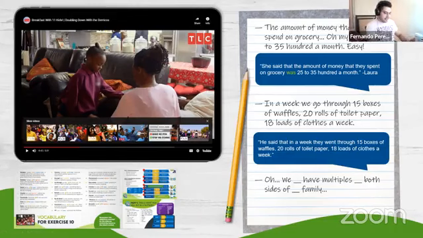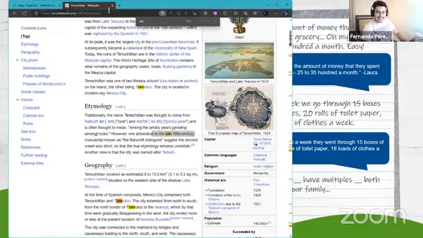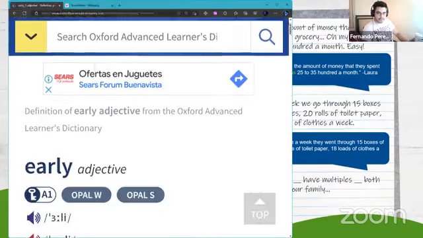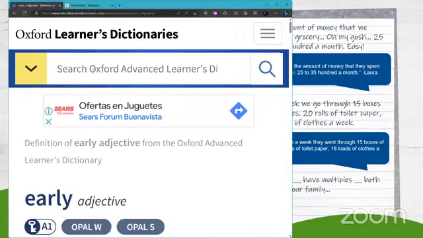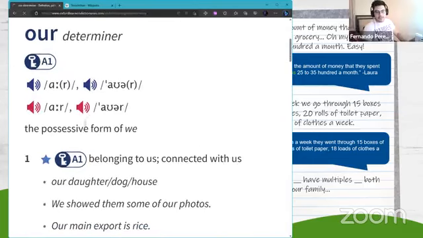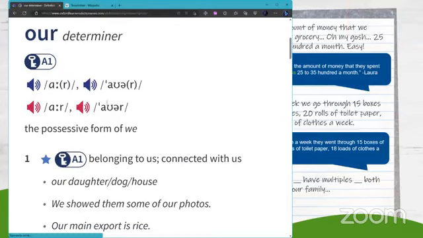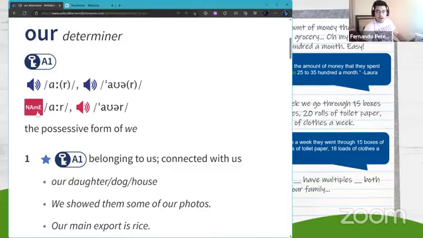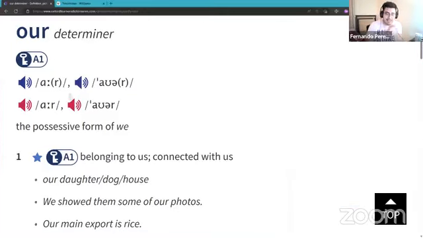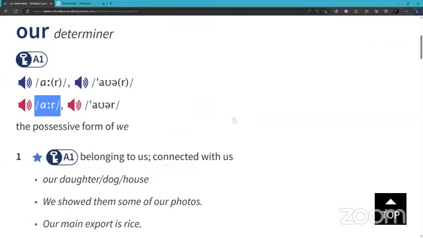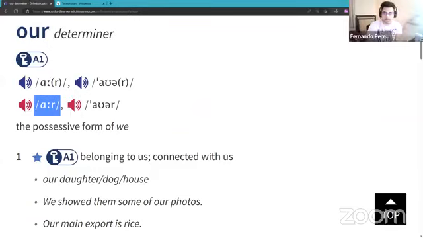Yes, the word is "our," but remember, Laurita, let's add an extra pronunciation. You can pronounce it "our," but you can also pronounce it "are." In this case, you connected very well, but the father pronounces "of our family," not "our."